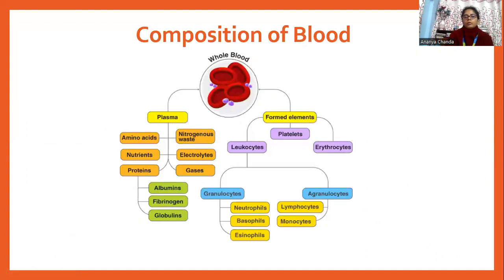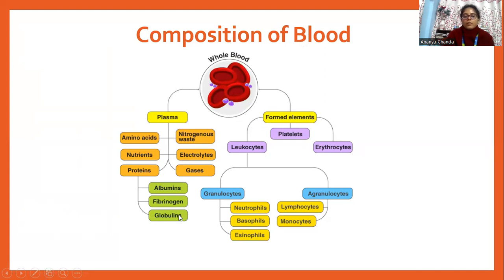So what are the compositions of the blood? This is the whole blood. It is mainly comprised of two parts, the plasma and the formed elements, or cellular components. The plasma contains water and some chemical substances like amino acids, nitrogenous waste, electrolytes, gases, nutrients, and proteins.